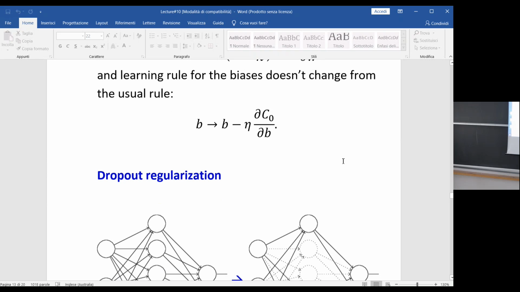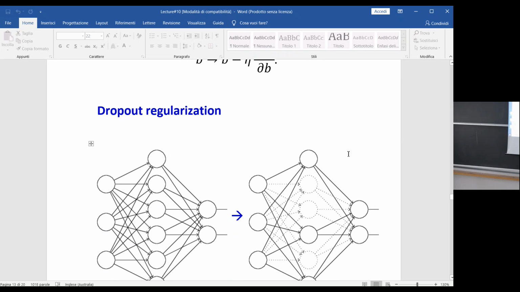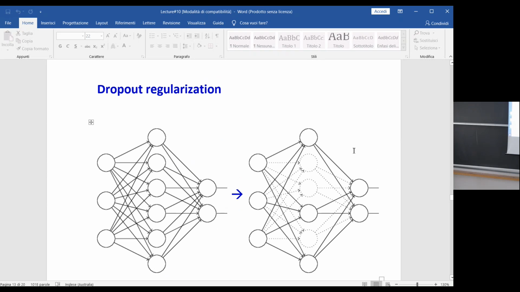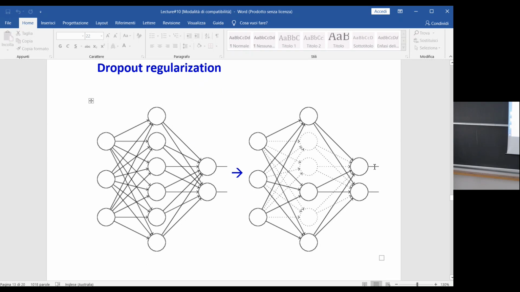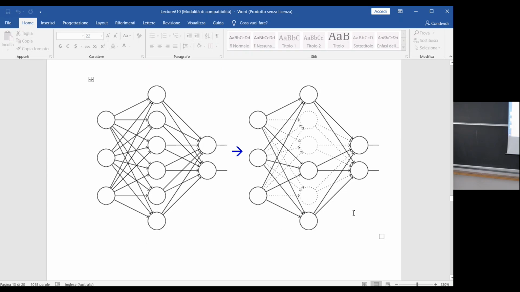Then also a very interesting thing, dropout regularization. Here we randomly exclude some neurons from our consideration, and we begin to train only a part of our neural net.